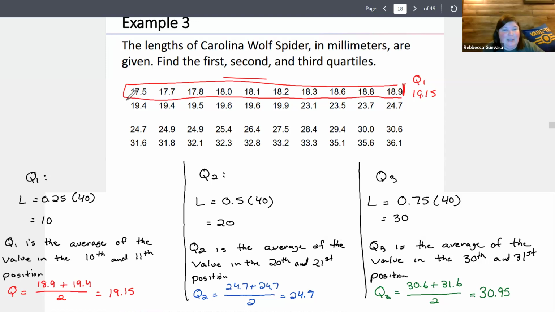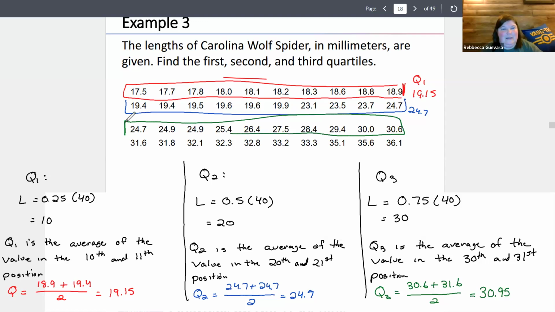Then my second part of my data is up here, and this splits at 24.7, which would make sense since it's in between these two. Then my data splits again at 30.95. That is my Q3. I forgot to label this one, my Q2. And then this is just the rest of the data.